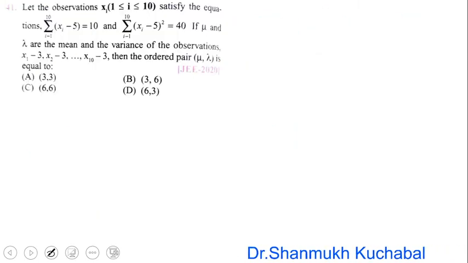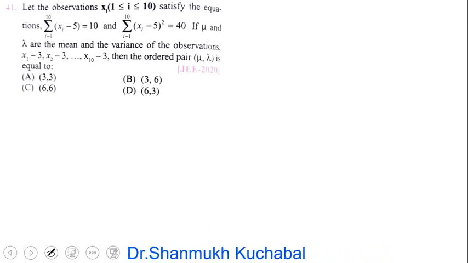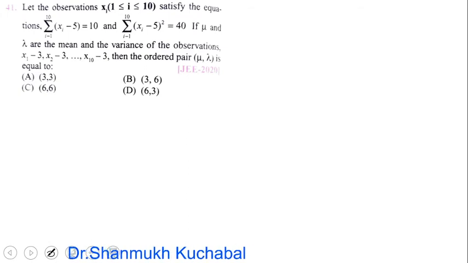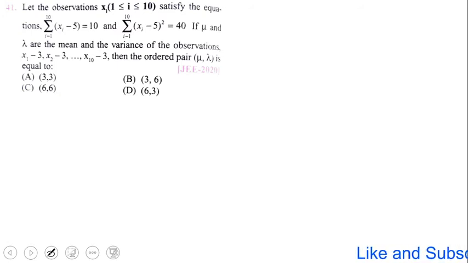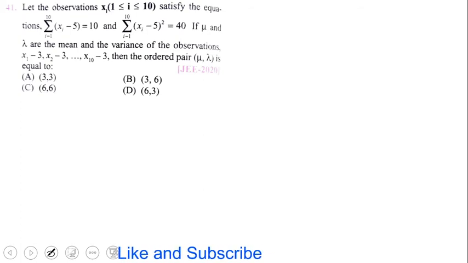The question is, let there be observations. There are 10 observations, because 1 is less than or equal to i, which is less than or equal to 10. So totally we have 10 observations satisfying the equations. The first equation is the summation, i taking the value from 1 to 10, of xi minus 5 equal to 10, and the second one is the summation, i equal to 1 to 10, of xi minus 5 whole square equal to 40.